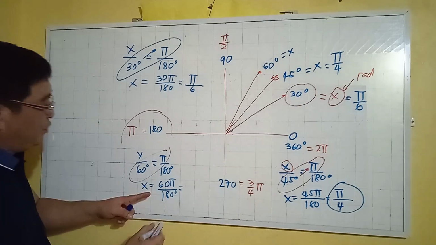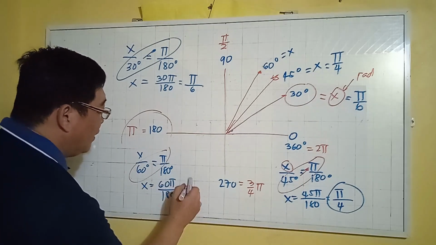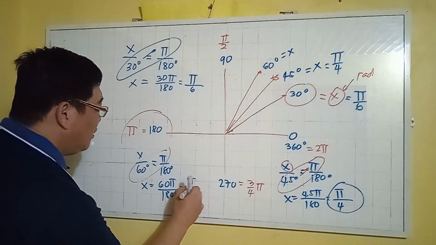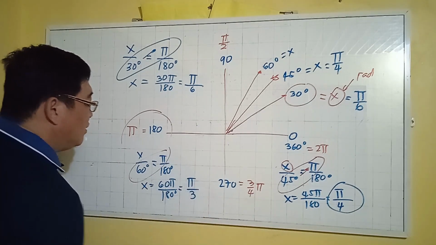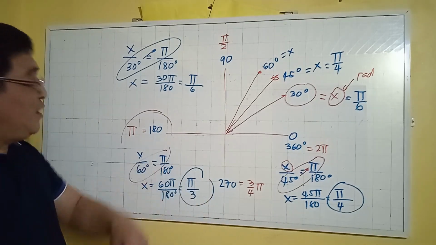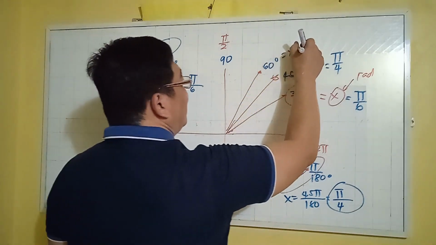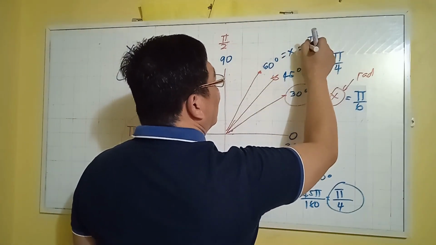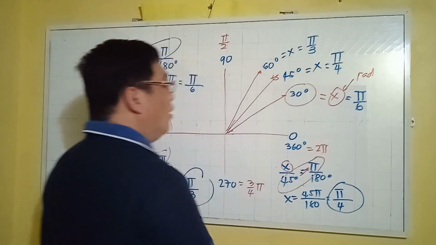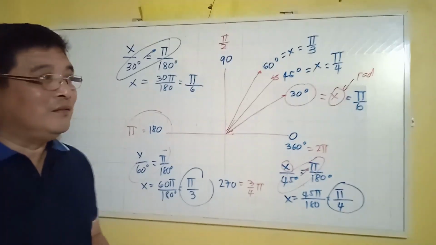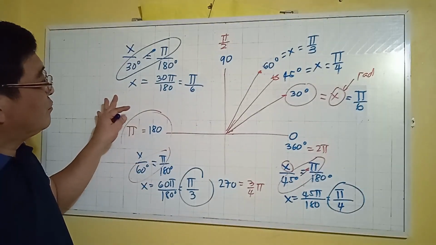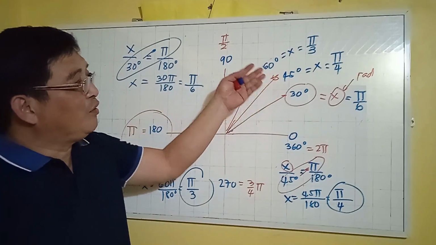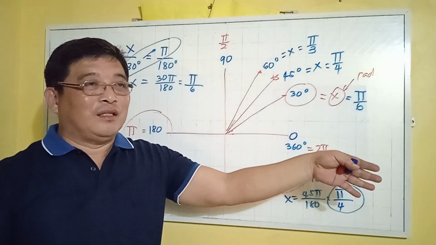That is equals to divided by 60 is pi. 180 divided by 60 is equals to 3. Now, you have 60 degrees is equals to pi over 3. Now, ganun lang ang paghahanap ng equivalent pagka kino-convert natin yung degrees into radian.